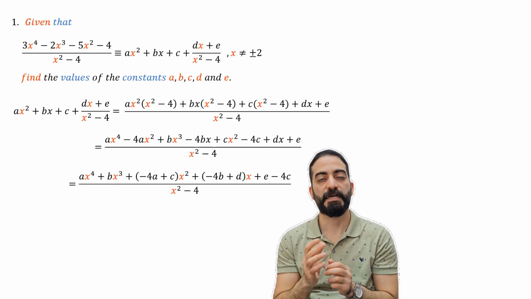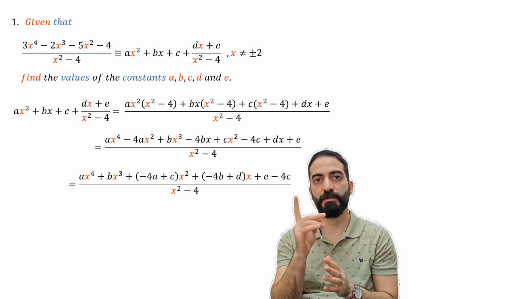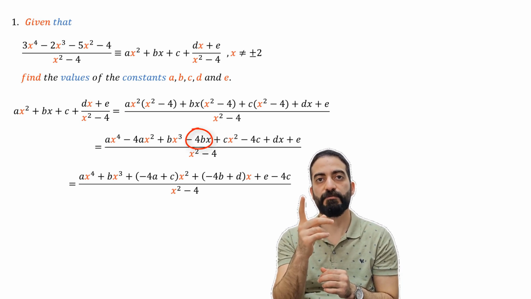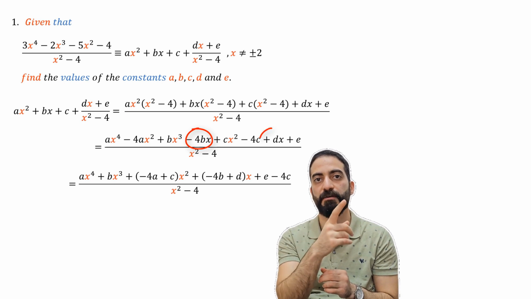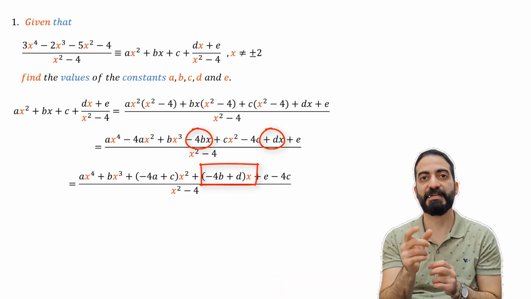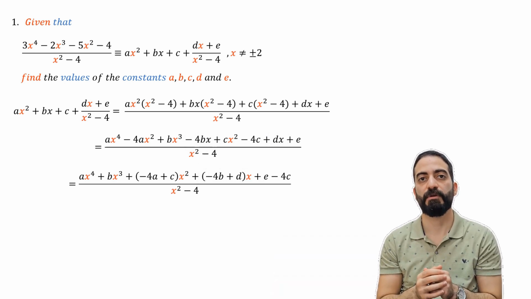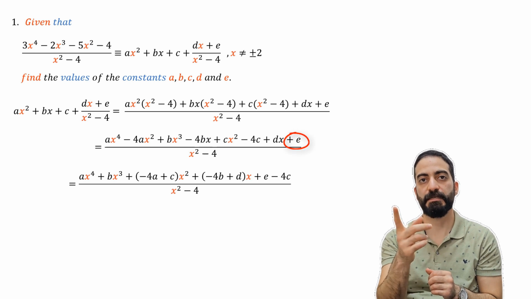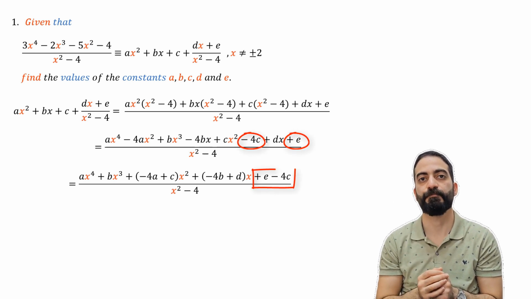And as for x, here we have minus 4Bx, and here we have plus Dx, so we write (minus 4B plus D) x, and we have also plus E minus 4C.